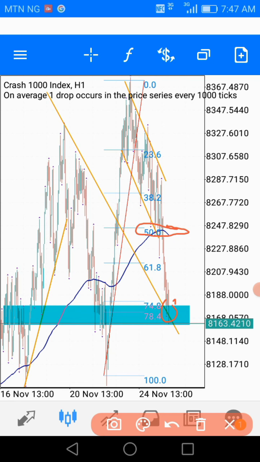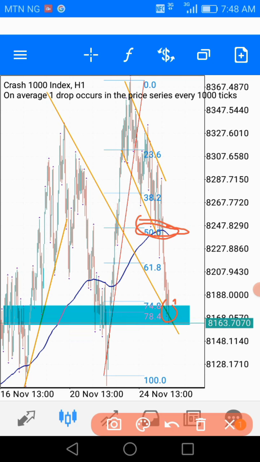Remember, you trade according to the direction of price. You don't go against the price. Now, whenever it has exceeded this 50% level, that is below it for crash and above it for boom, you want to be sure that it is actually retracement and not change of direction. And that's why we're talking about confirming an increase in buying pressure, buying momentum, and buying volume before you place your buy trade.